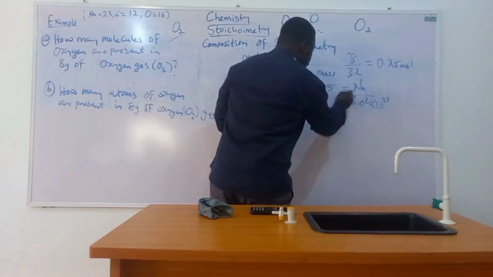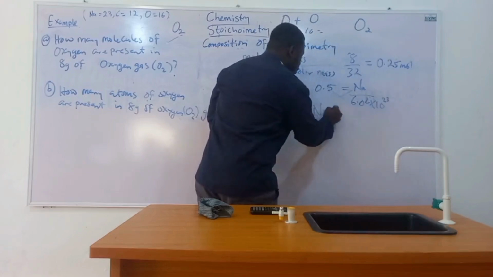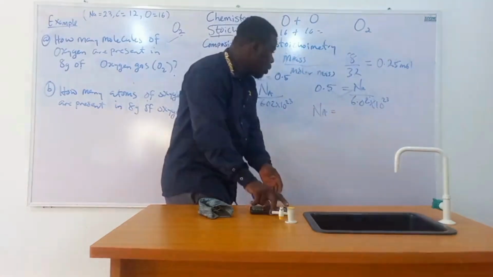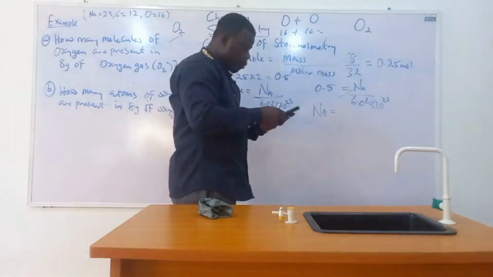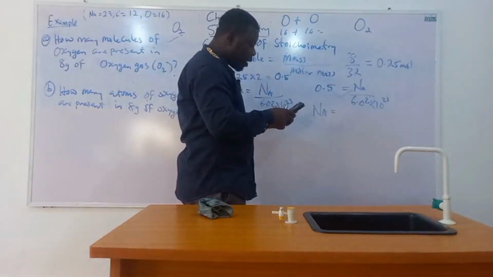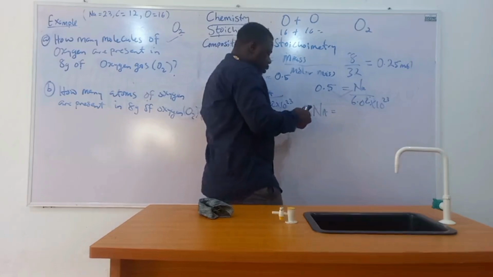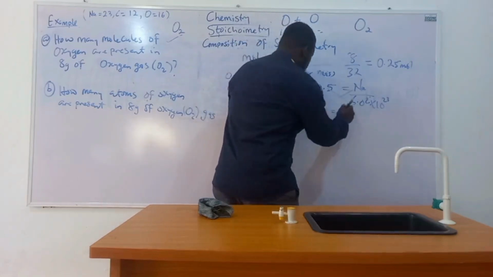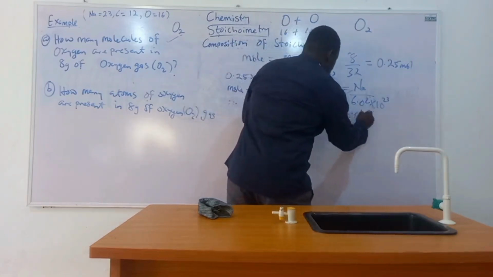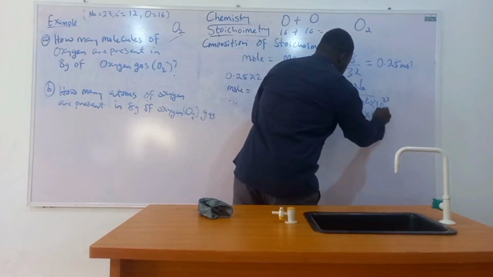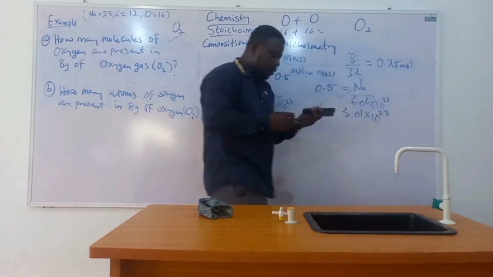If we cross multiply, number of atoms is equal to 0.5 times 6.02. So this answer is 3.01 times 10 raised to the power 23.